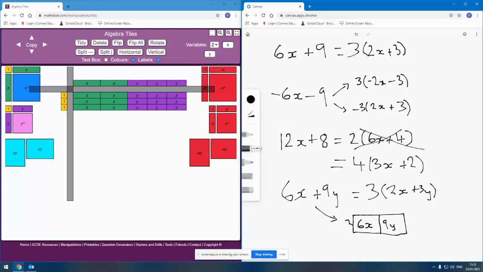And then I found that both of these smaller rectangles inside the bigger rectangle have a common width of 3, that this part of the larger rectangle has a length of 2x, and this part has a length of 3y. And this, of course, is tying together with potentially drawing similar pictures for expanding. So we get the same sort of pictures for expanding and factorizing.